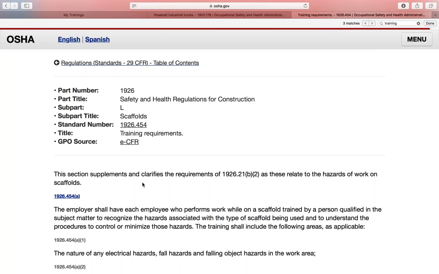So what are we talking about now when we're talking about aerial lift safety precautions? Like I said, this book is showing both scissor lifts and aerial lifts, but the OSHA standard does not classify a scissor lift as an aerial lift or as a scaffold, but I treat it as such. Okay, as a best practice, I like to treat it as such.